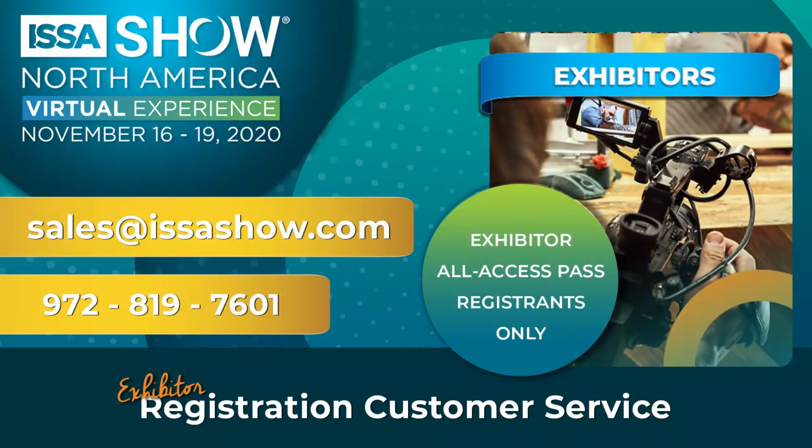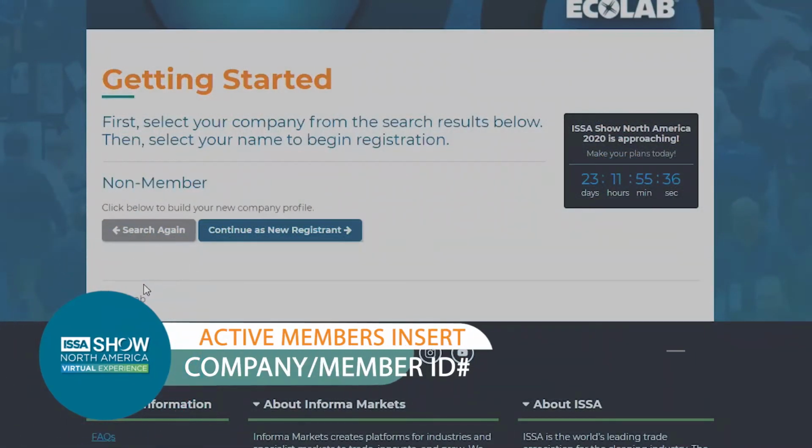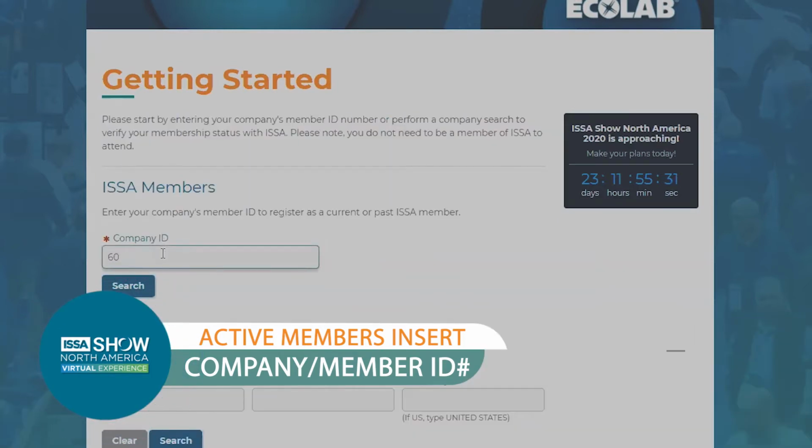For exhibitors who purchase the All Access Pass, if you have any issues with your registration, please contact the ISSA Show North America sales team at sales@issashow.com or by phone at 972-819-7601.